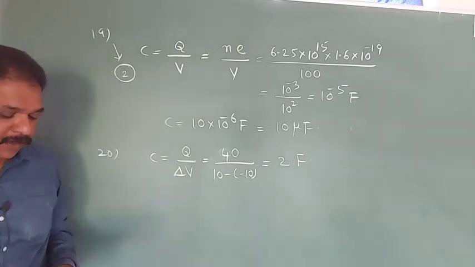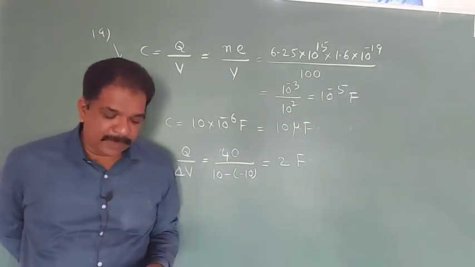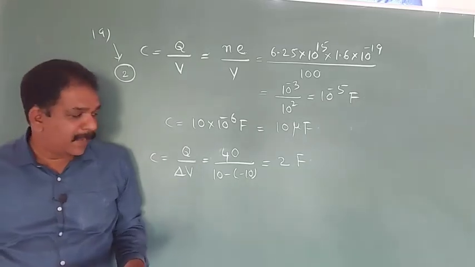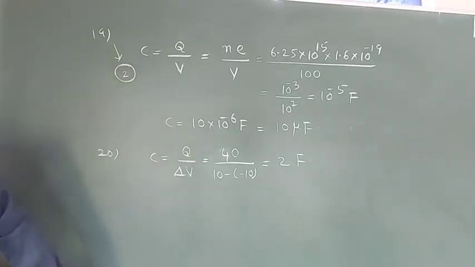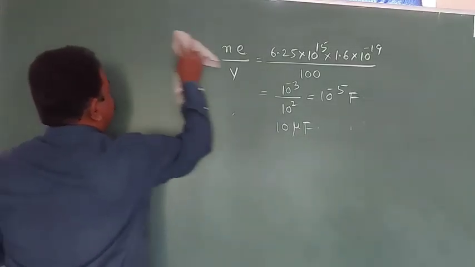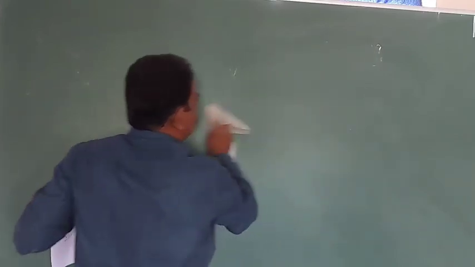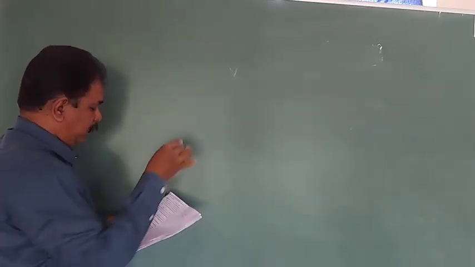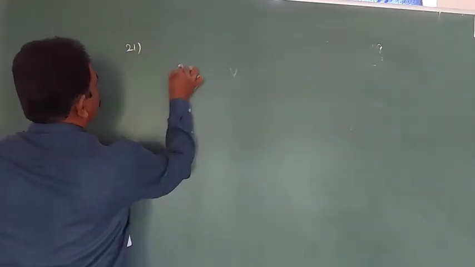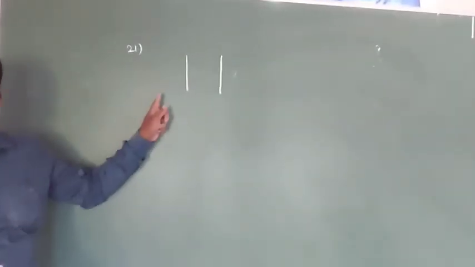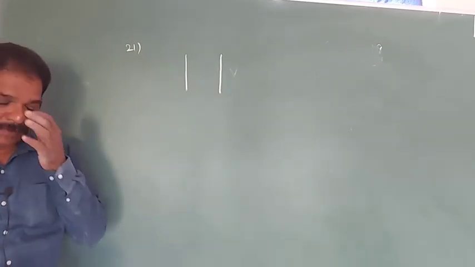Next, 21. One plate of a parallel plate capacitor is smaller than the other. In general, in a parallel plate capacitor, both plates will have the same size.